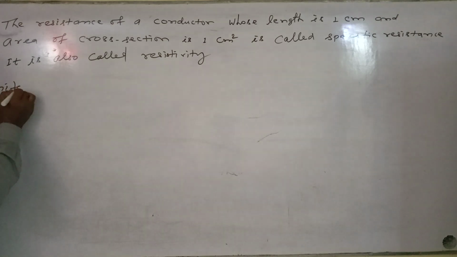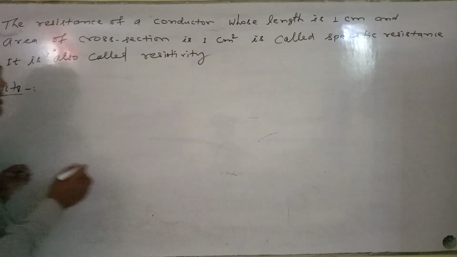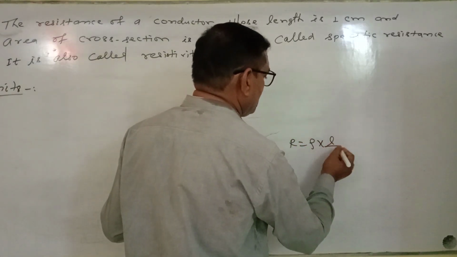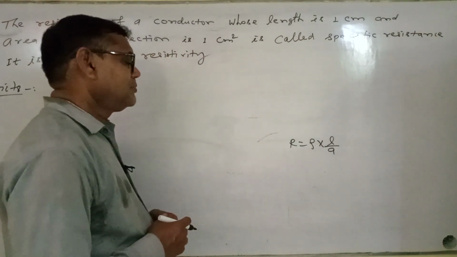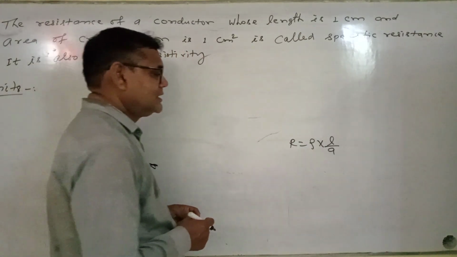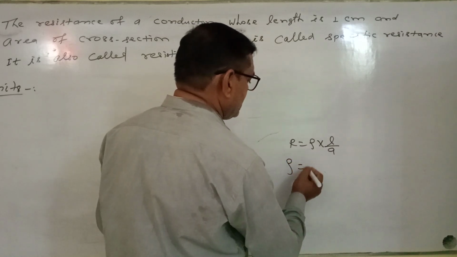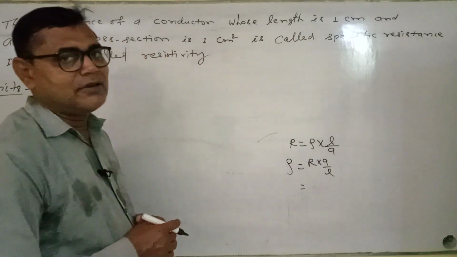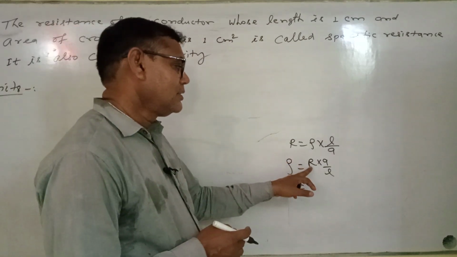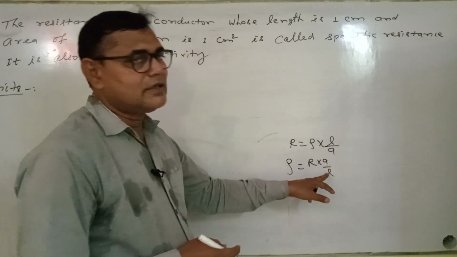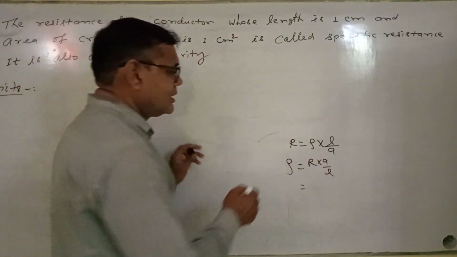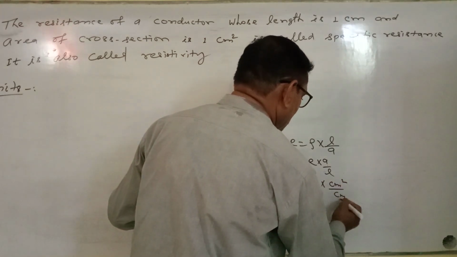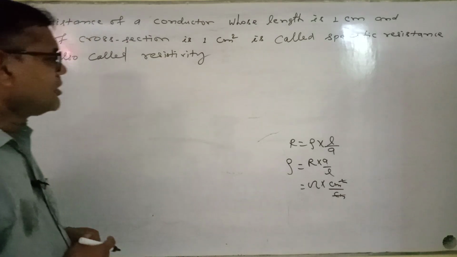Now we write units. We explain the unit. R is equal to rho into L upon A. It is the formula of specific resistance. Now we write rho is equal to R into A upon L. Now we put the unit of R, the unit of A and the unit of L. Here we write ohm, cm square and cm. 1 cm cancels out.